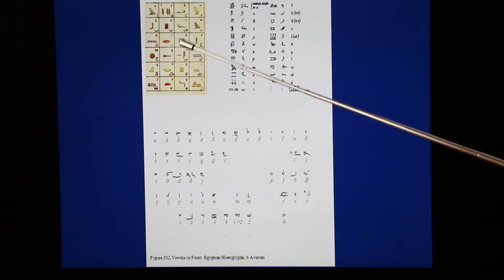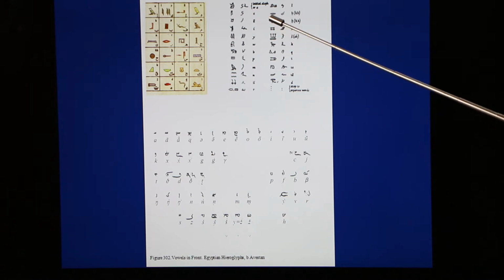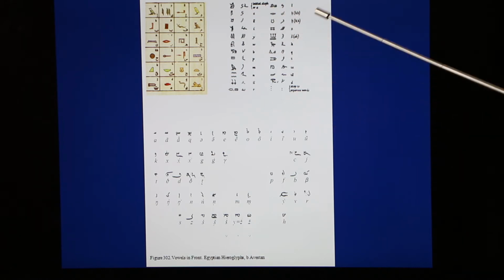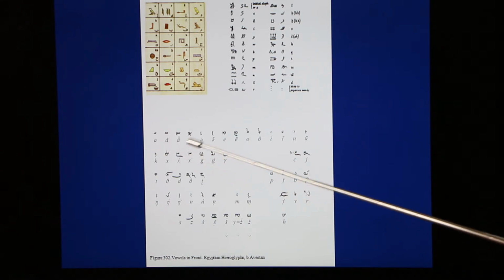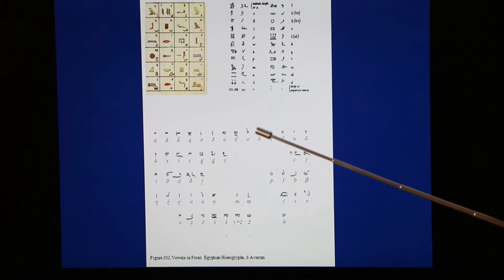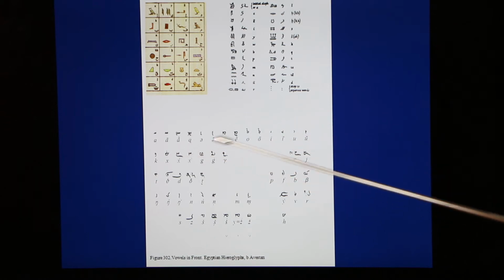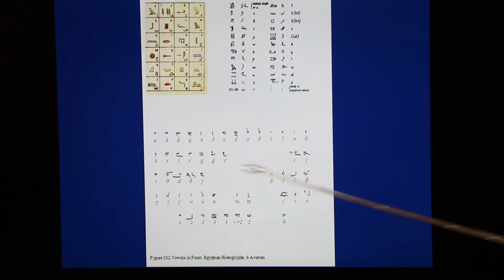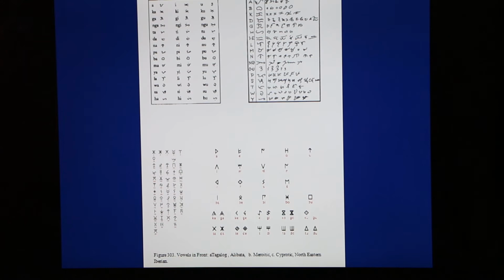So Egyptian hieroglyphs, which starts with a series of vowels, and here Avestan, which, like the Sanskrit, has 15, 16, 17, or 18. And then you have your various consonants following.